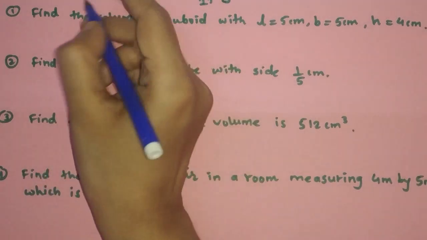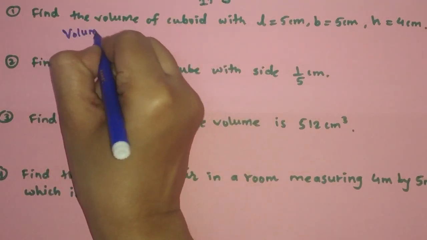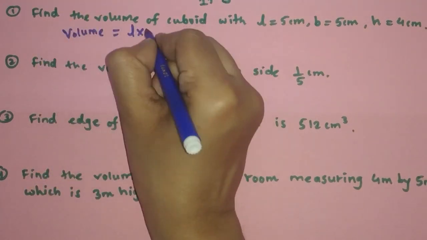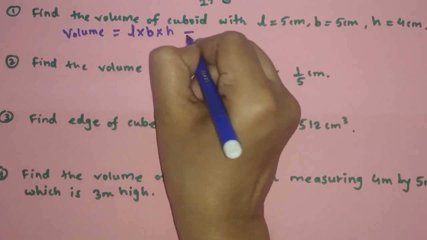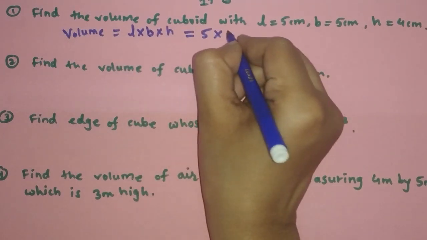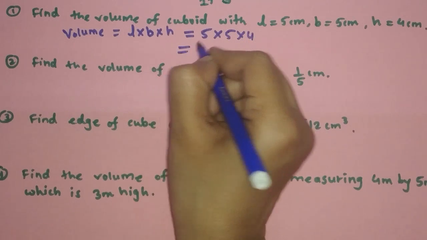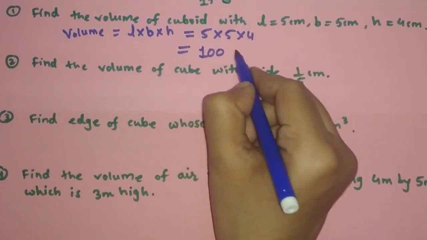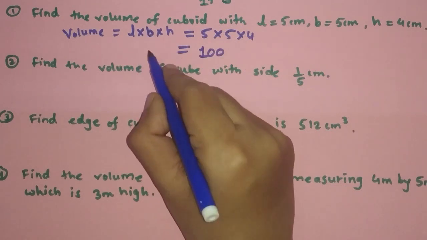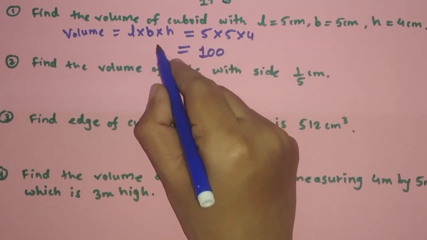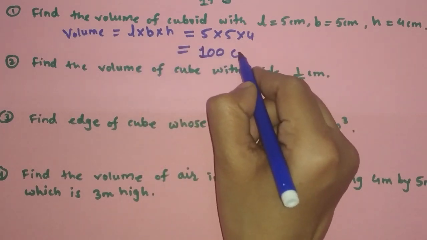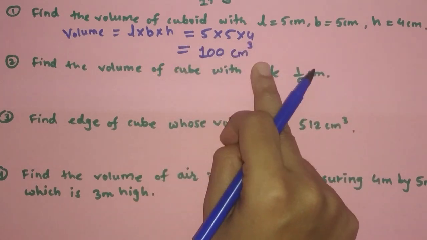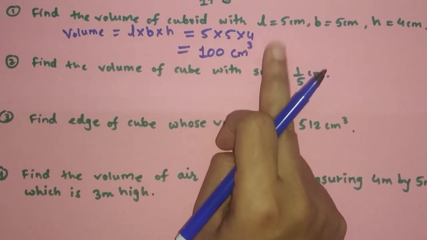We know the volume of a cuboid is the multiplication of its three dimensions: length 5, breadth 5, height 4. We'll get 100, in cubic units. Remember, centimeter multiplied by centimeter multiplied by centimeter gives centimeter cube. So it is 100 cm cube.